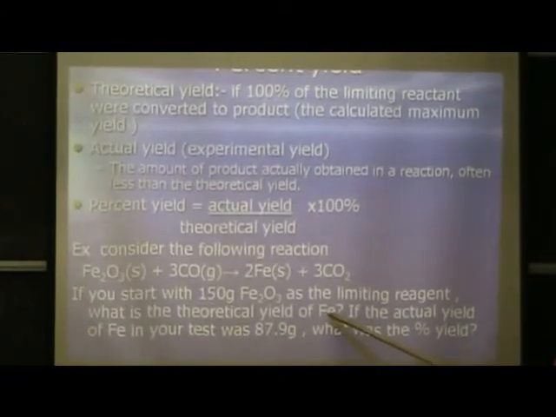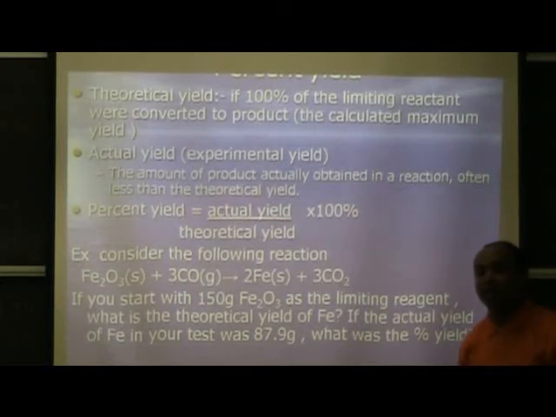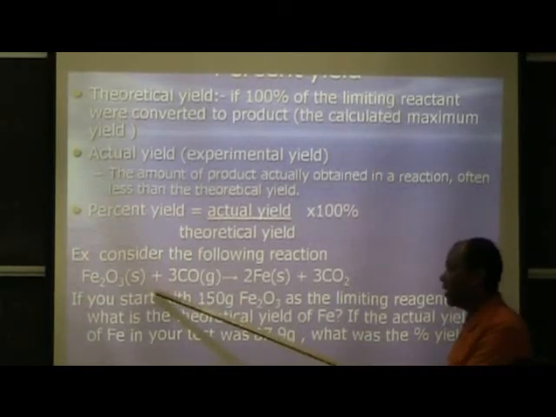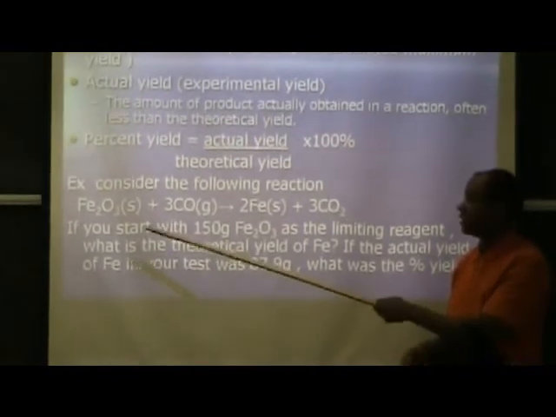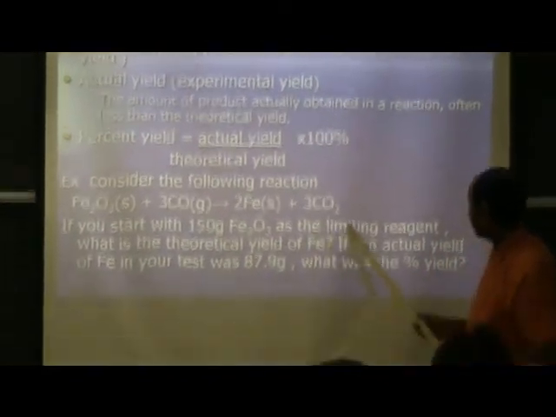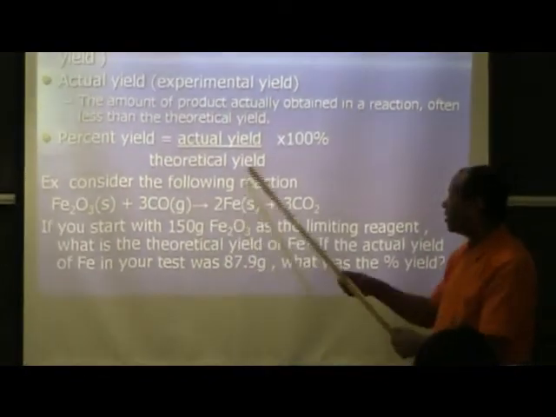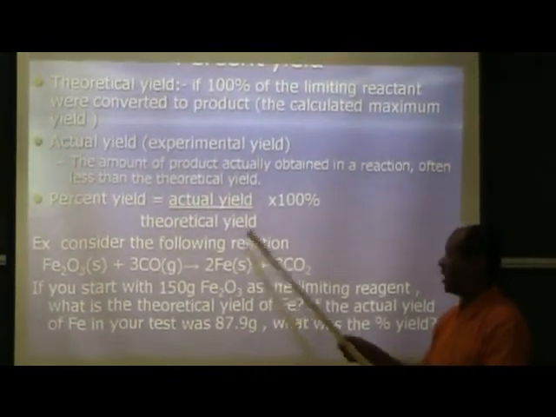What would be the theoretical yield of iron? The theoretical yield can be calculated from the equation, not from the experimental determination. If you have 150 grams of iron 3 oxide, how much iron would you get?